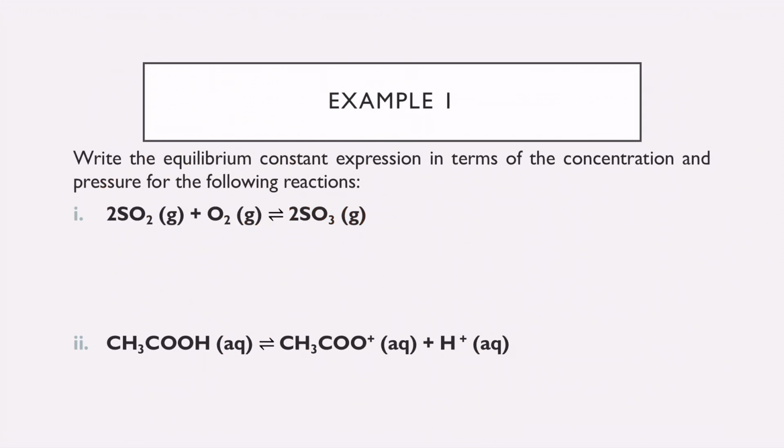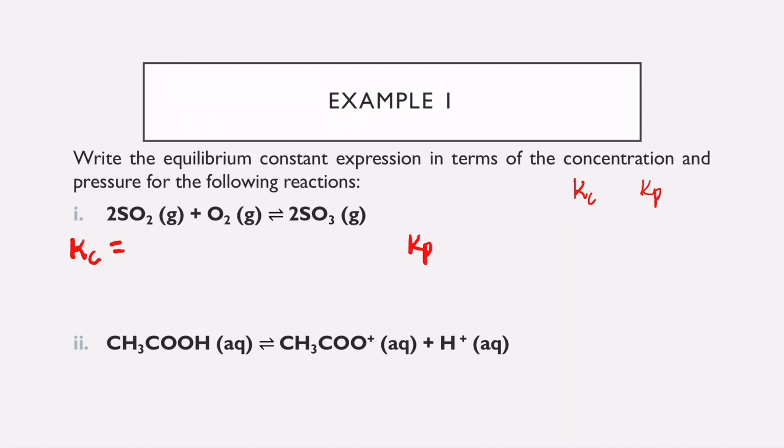Alright? Let's try to write down the equilibrium constant expression, in terms of concentration, Kc, and pressure, Kp, for this reaction. The homogeneous equilibrium here is in gaseous phase only. So if you have gaseous phase, that means you can write it as Kc or you can write it as Kp. To do your expression for Kc, you will use the square brackets to represent concentration.